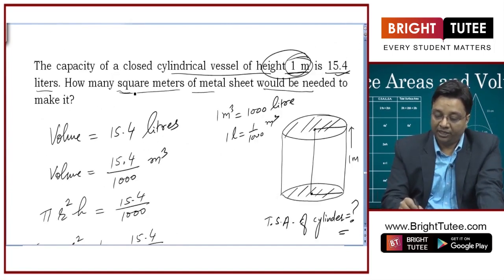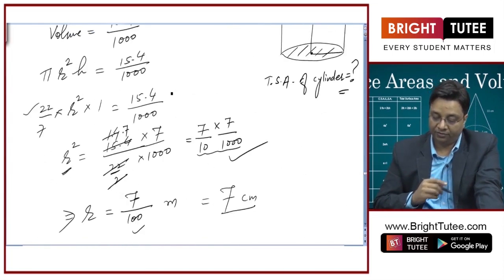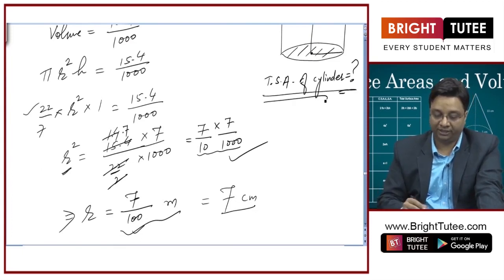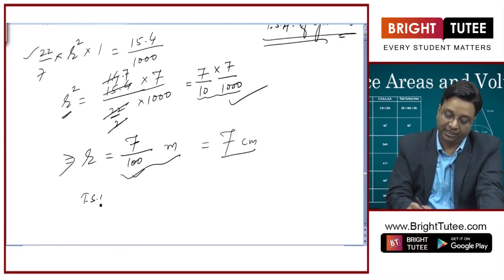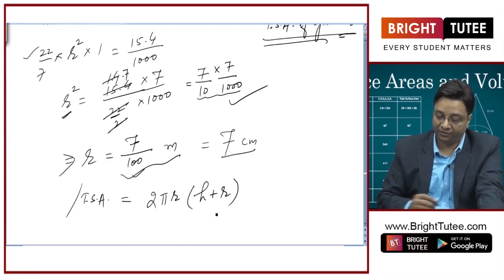Now how many square meters of metal sheet would be required to make it? So we will keep the units in meters itself. We need to calculate the meter squares. So that is the total surface area of the cylinder. So total surface area or the metal sheet required will be equal to 2 pi r (h plus r). This is the formula for total surface area.